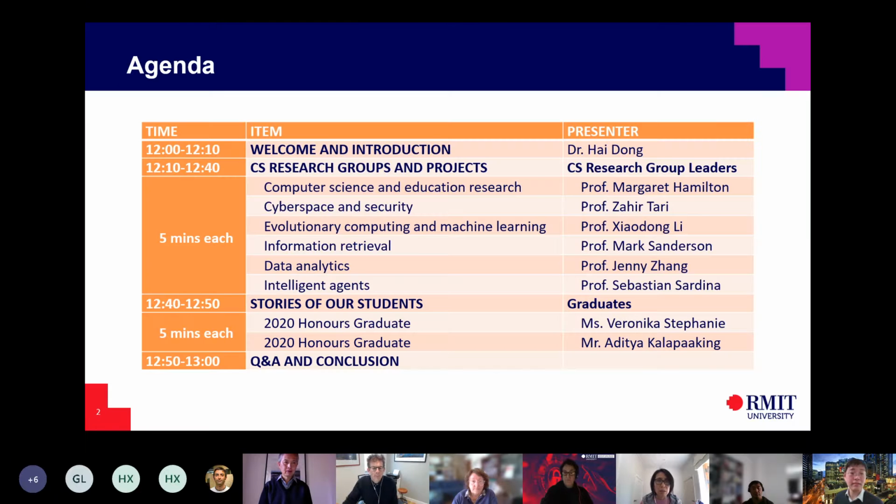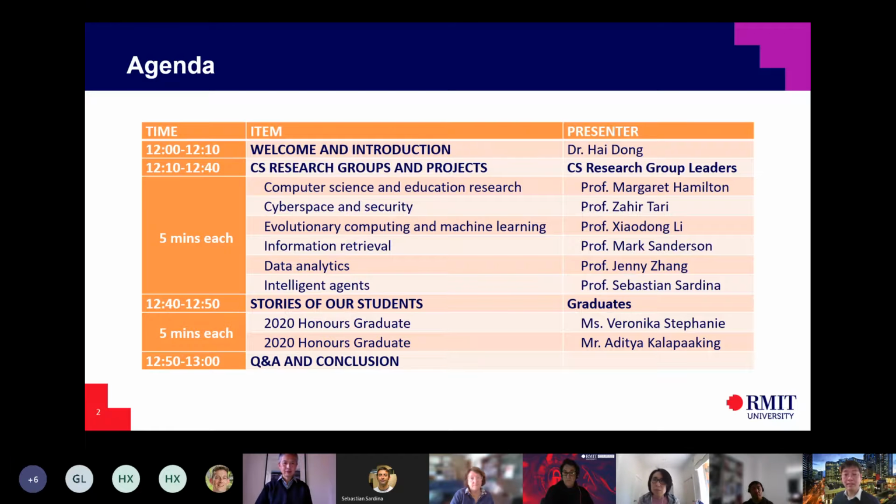So this is the agenda for the information session today. First of all, I will take 10 minutes to briefly introduce the program and the course, as well as explain why you should do it and how you should start.